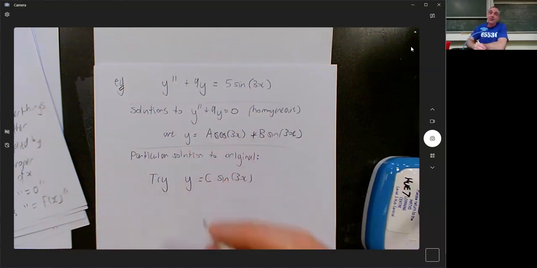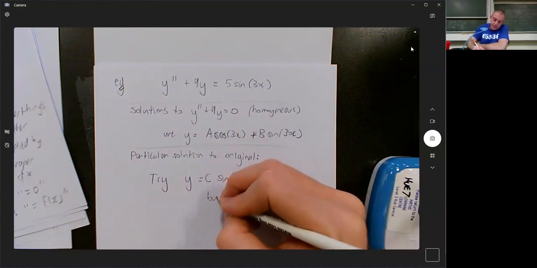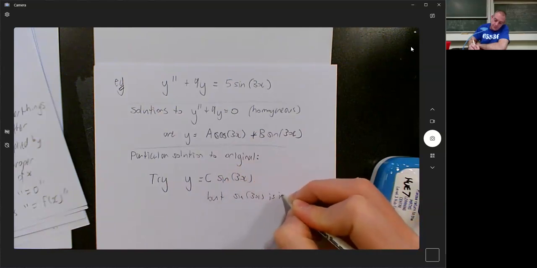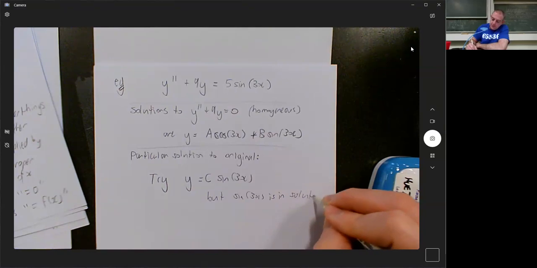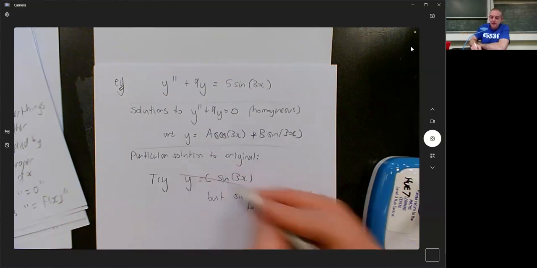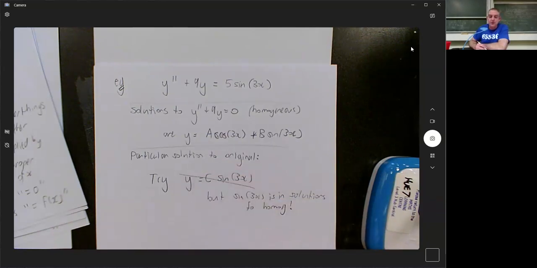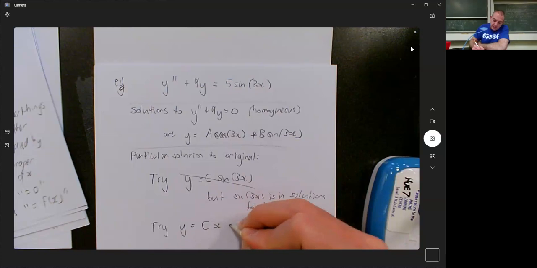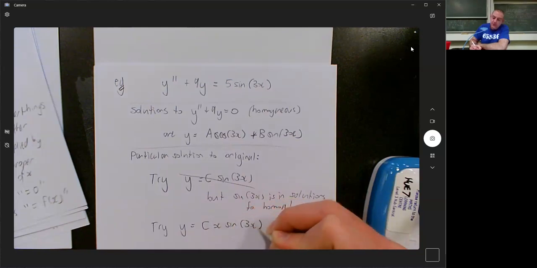So I'm not going to try that because sine of 3x is in the solutions to the homogeneous equation. Instead, I'm going to try x sine of 3x.